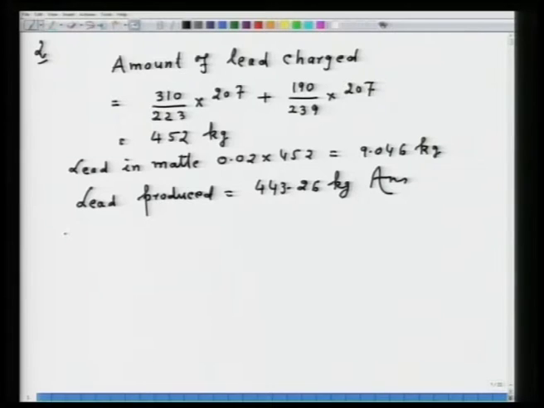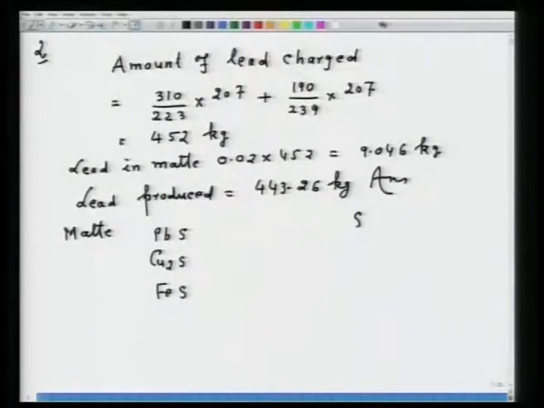Now, calculate the matte. Matte contains lead sulphide, it contains Cu2S and it contains FeS. Now, what you have to do? Here you have to make the total balance.